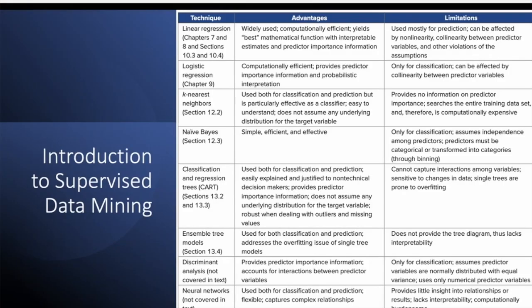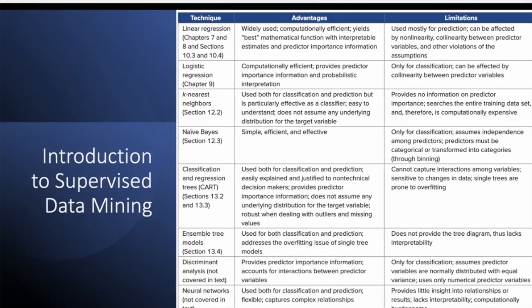But the problem with linear regression is that it is mostly used for prediction purposes, and it's affected by nonlinearity and multicollinearity issues between the predictor variables, and we have to check the assumptions like nonlinearity and multicollinearity and all of this stuff. Logistic regression is computationally efficient, and we can interpret the coefficients as well.